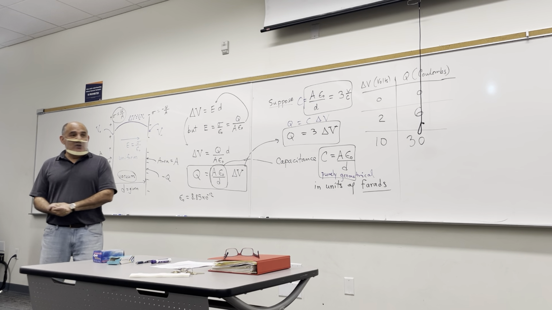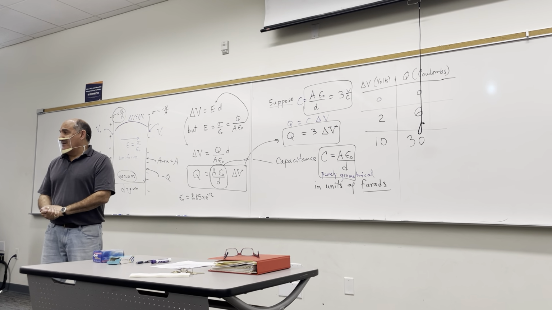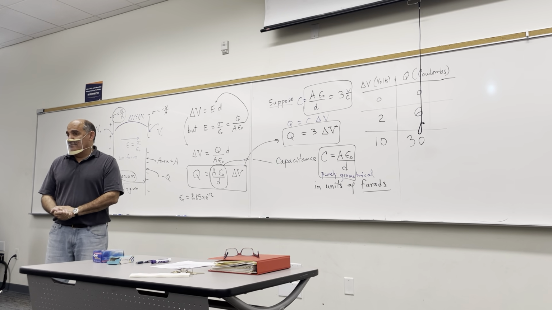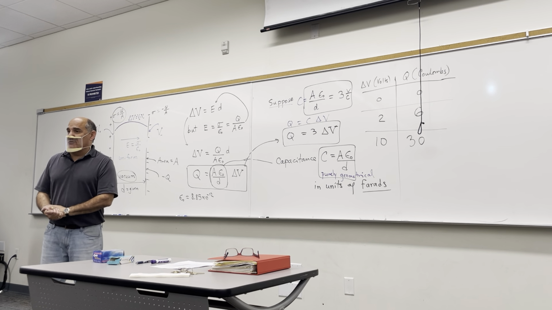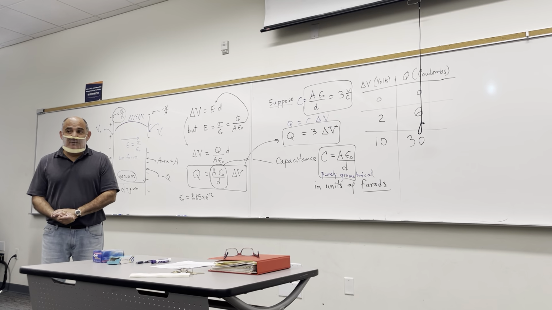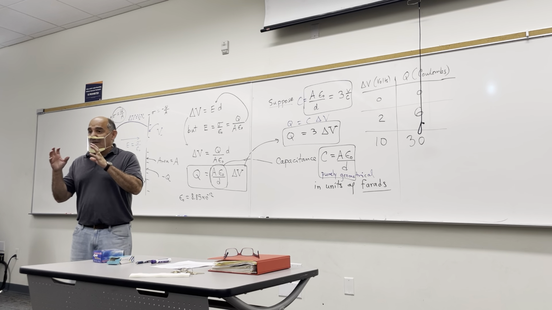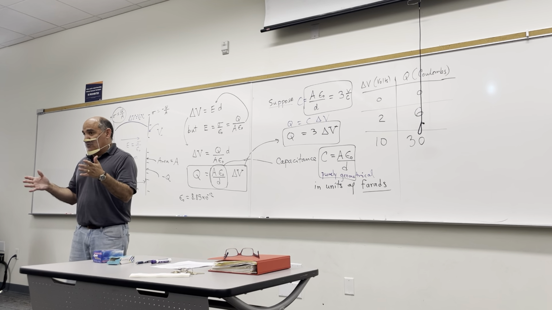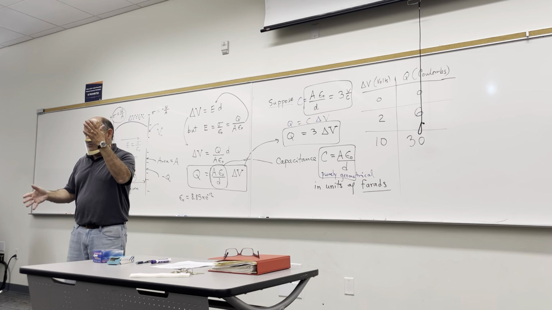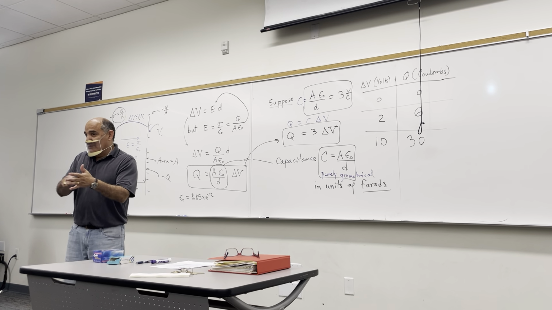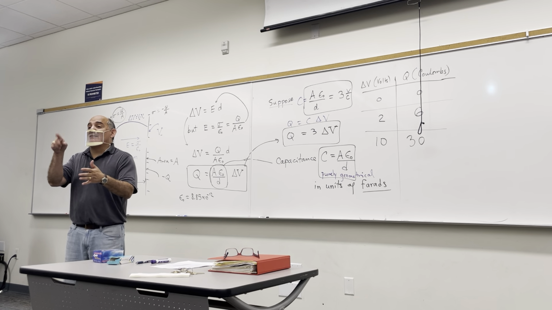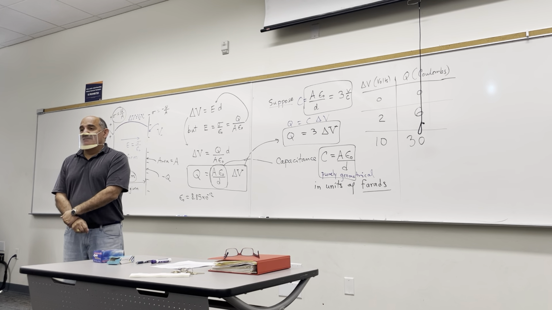You're looking at that expression, and what do you want to say? Maybe undefined? What do you think is the wrong answer? So if the question is, if the charge on the conductors is 0, what's the capacitance?